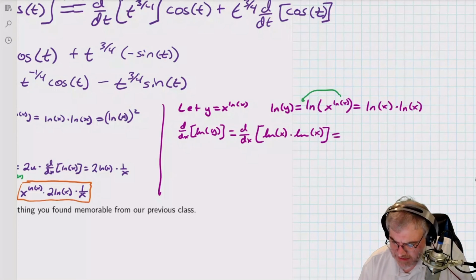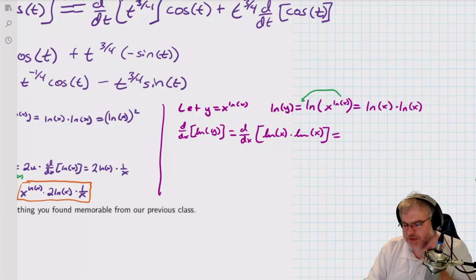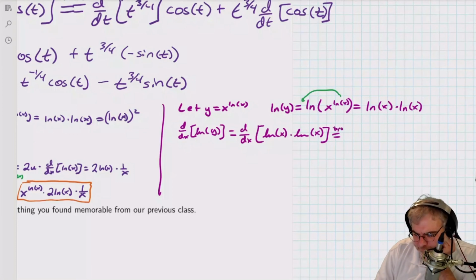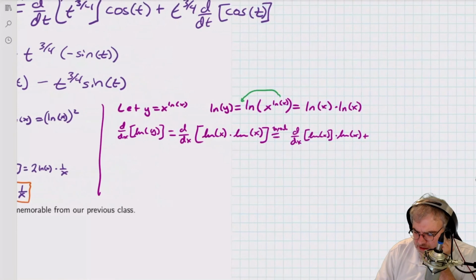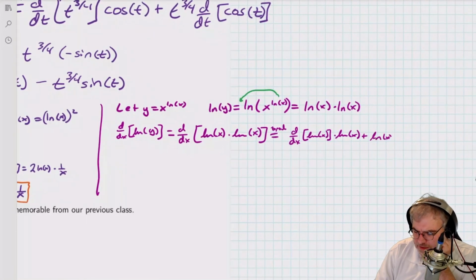Okay, and this side is going to be a product rule, so I'm just going to do that. And this is going to be d over dx of ln of x times ln of x plus ln of x times d over dx of ln of x.